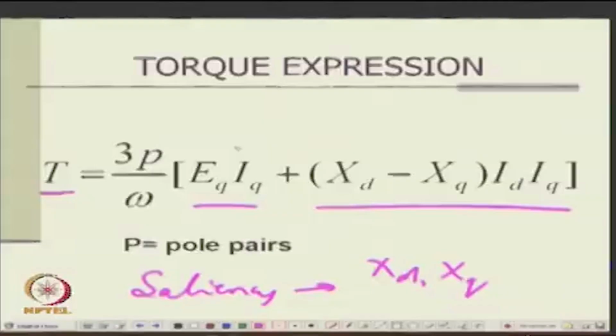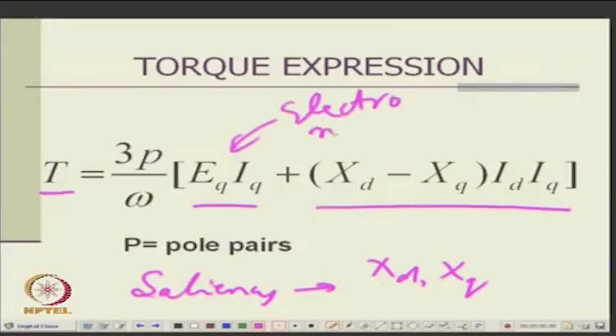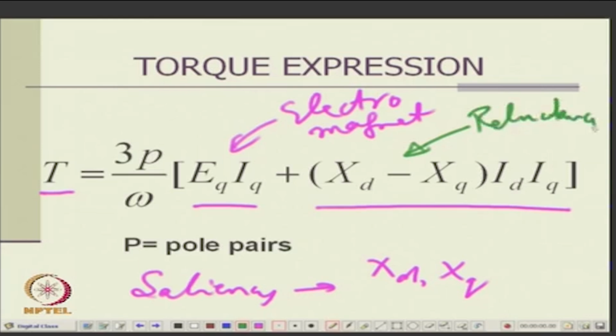The first is normally called electromagnetic torque, and what is the second one called? Reluctance torque, because it depends upon the difference between XD and XQ. This may be present in permanent magnet machines, but in surface mounted machines where the air gap is smooth, you can take it as XS.